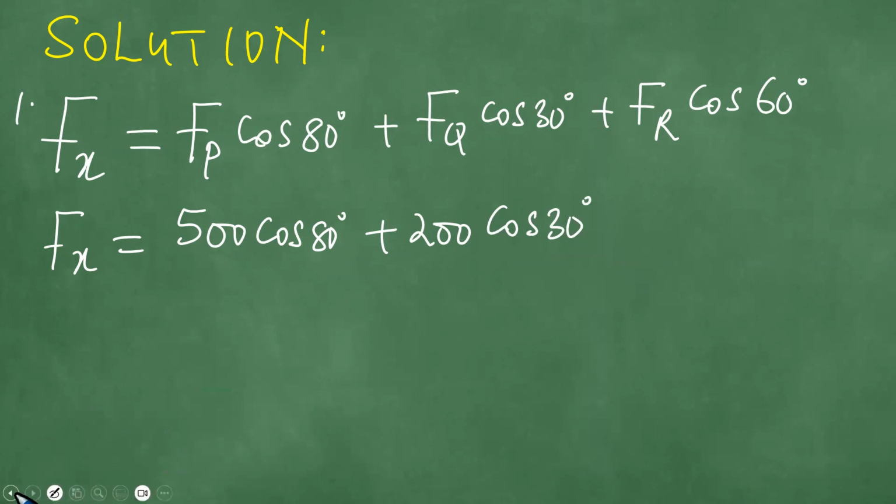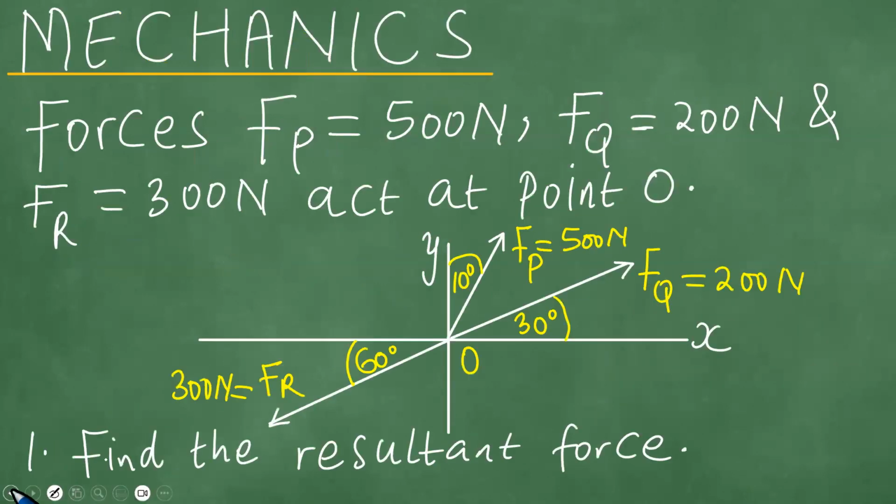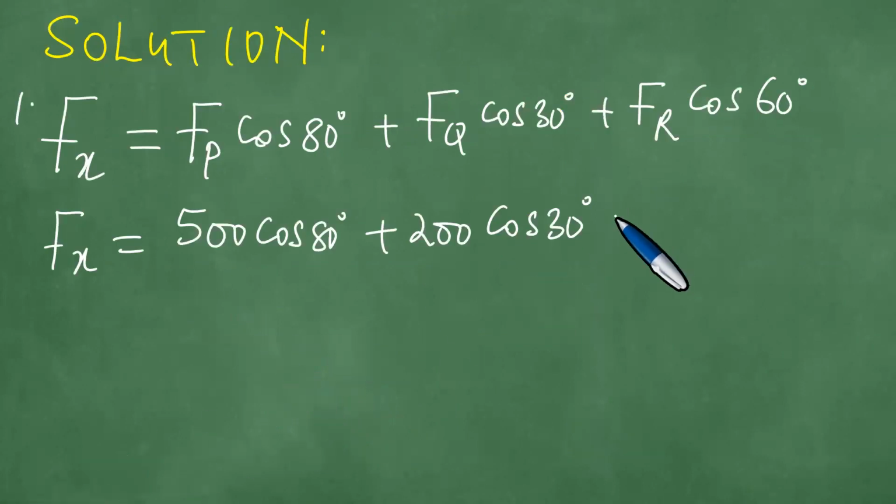Now force Fr is in this direction, so you can even indicate that it's going to be negative. It is negative 300 cosine 60 degrees.